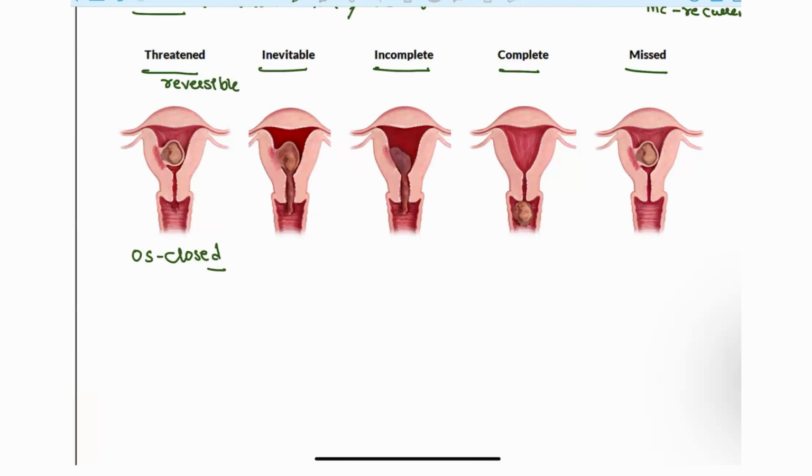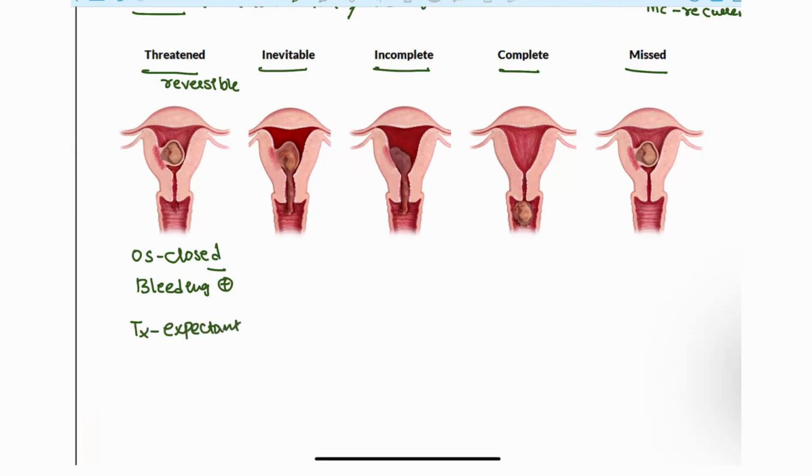That's why this is a threatened abortion. The os is closed, so it can be reversed with expectant management. And what about the bleeding? Bleeding or spotting will be seen, and the treatment for this patient is expectant management.